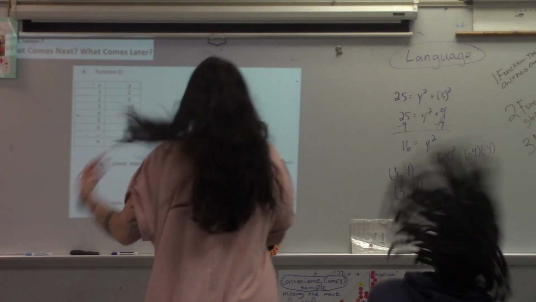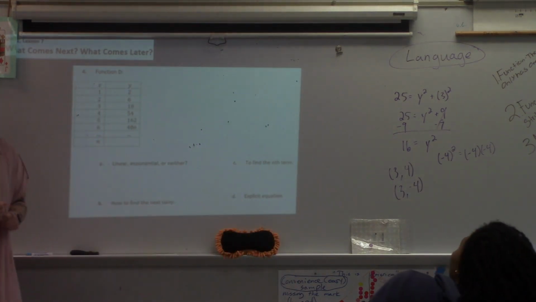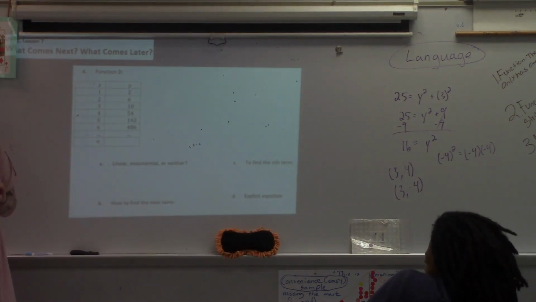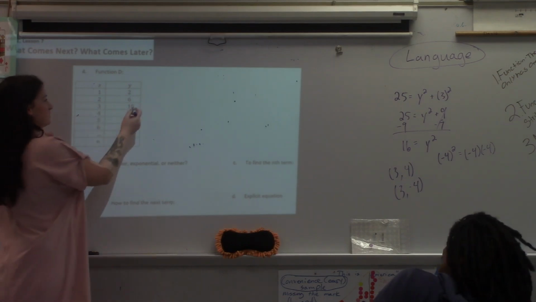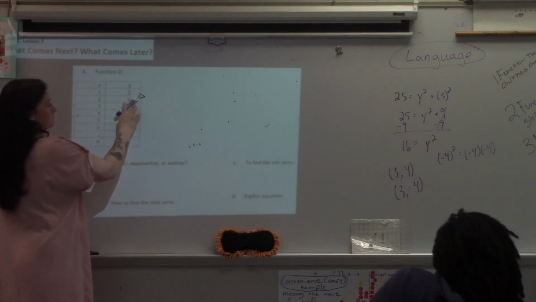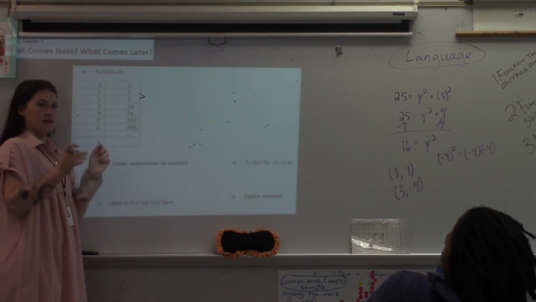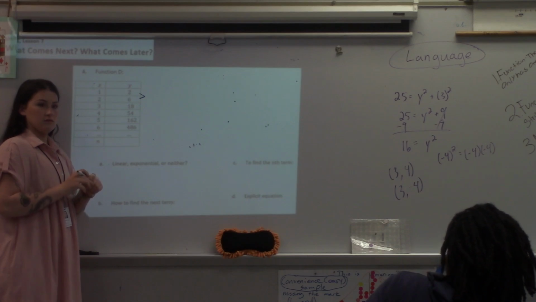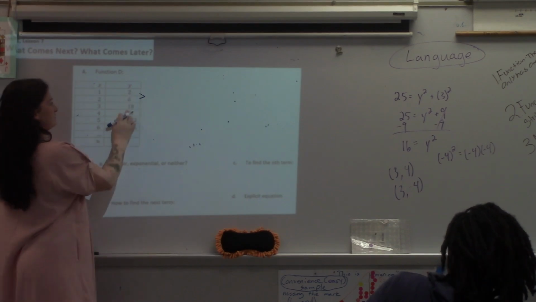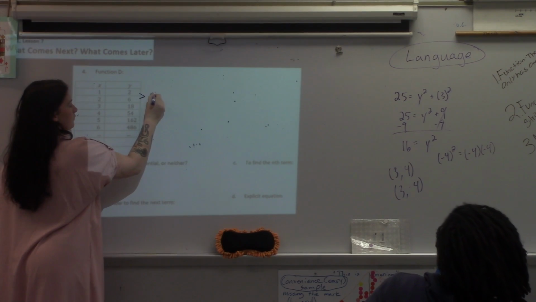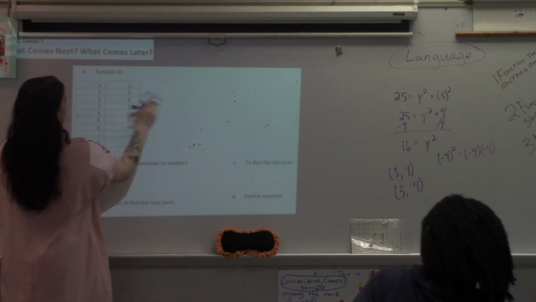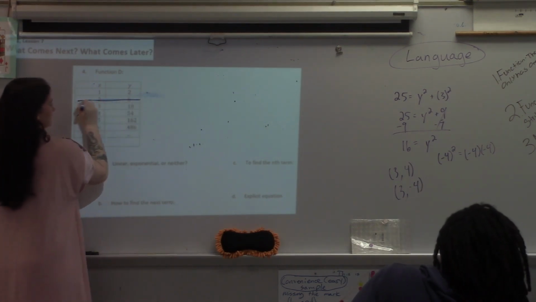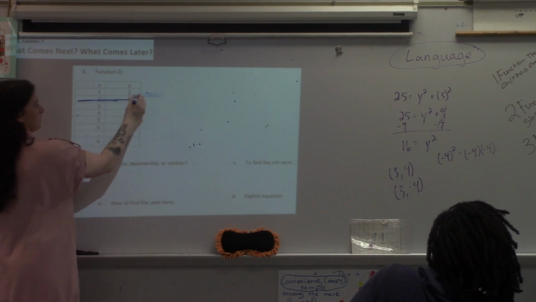Oh, guys, real quick, Mr. Kennedy and I talked about this morning. I want to talk to you guys about this. What we were doing yesterday, what were we doing to find our rate of change? We were subtracting, right? I was just doing this, 6 minus 2, 4. We're adding 4. But what if we didn't have x of 2, it just went from 1 to 3?